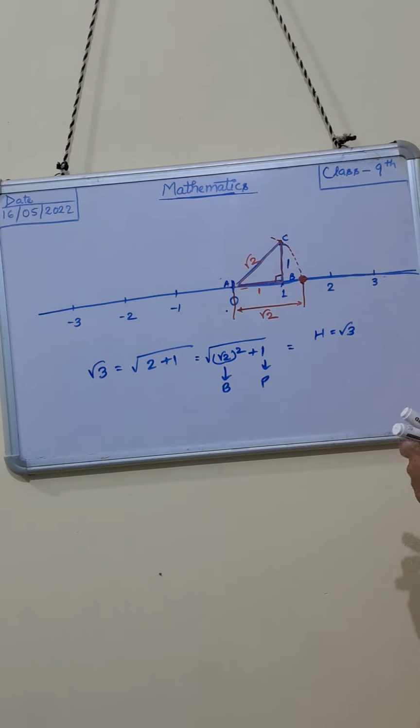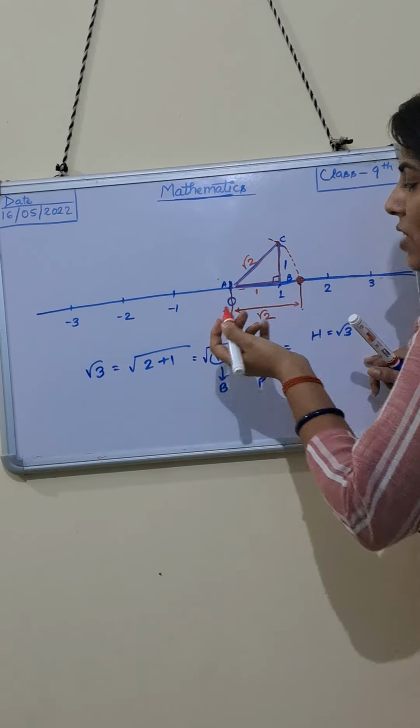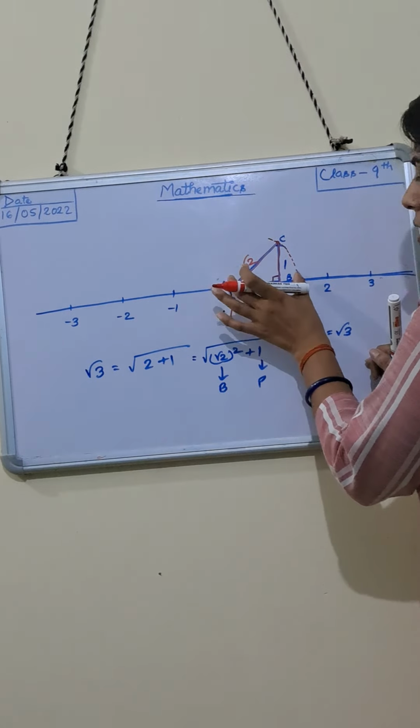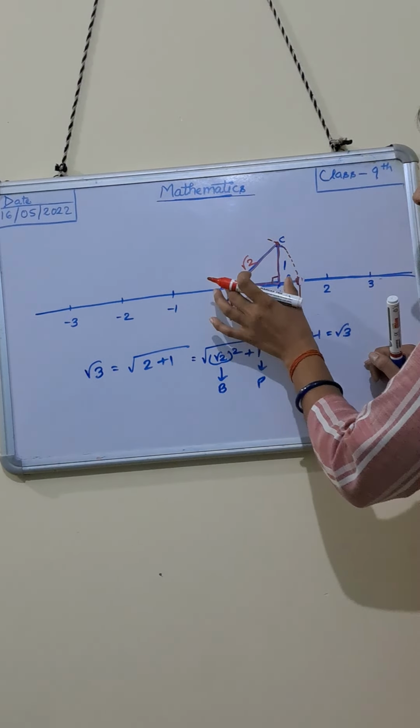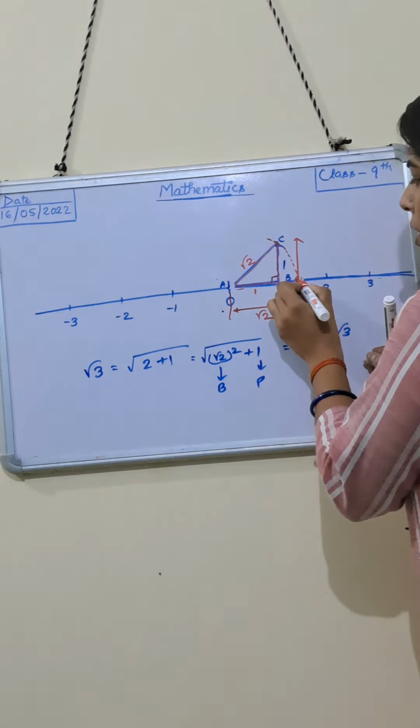Okay, so we have already represented under root 2. So we already have the base under root 2. Let's suppose this is our base, that is under root 2, and draw a perpendicular of 1 on that point of under root 2.